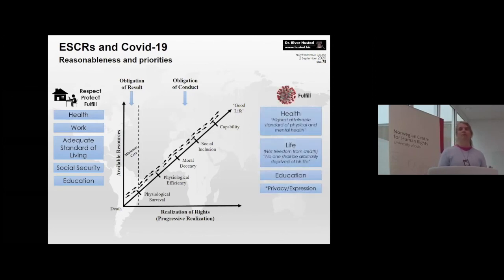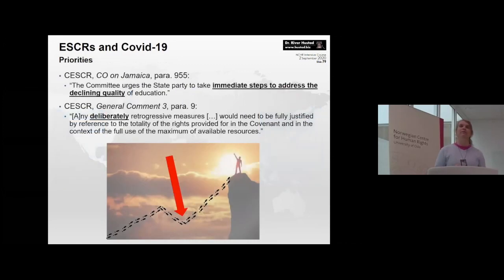And then along comes a virus, and it's affecting health, it's affecting life for some people. Also, education is implied there because people need to have the right information on how to stay healthy. And then we also come into some civil and political rights: privacy and expression rights, freedom of movement rights. So we have these two sets of rights.